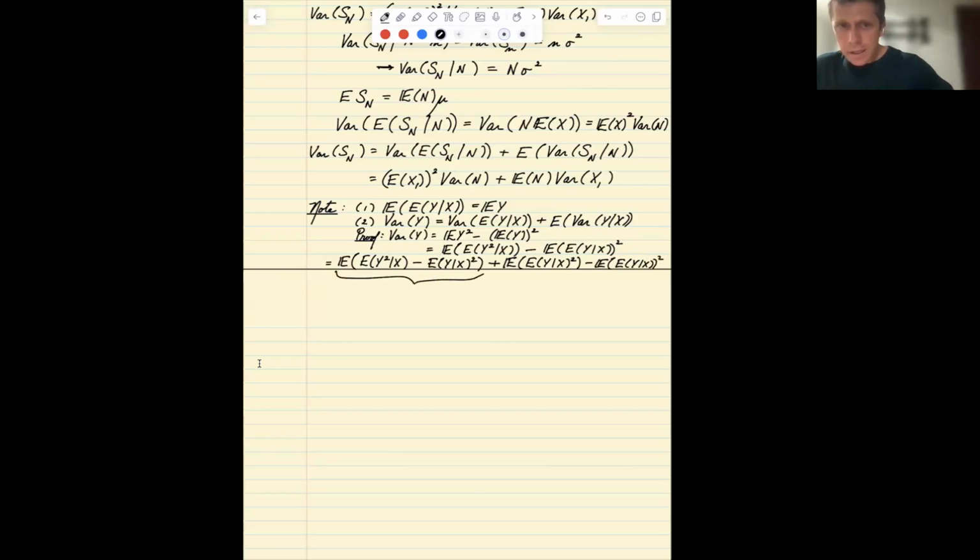This, by definition, is the expectation of the conditional variance. And this is the variance of the conditional expectation.